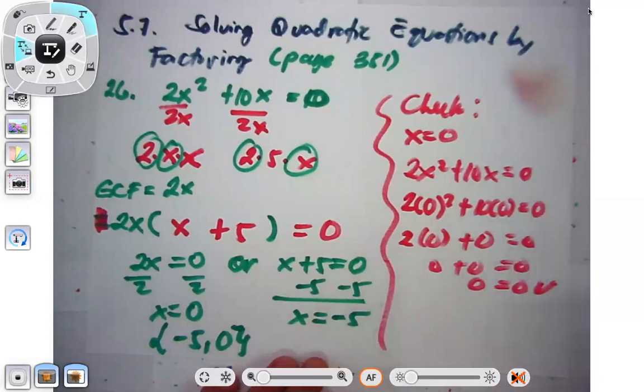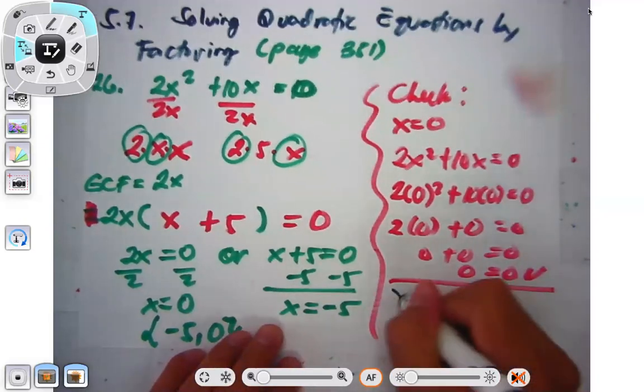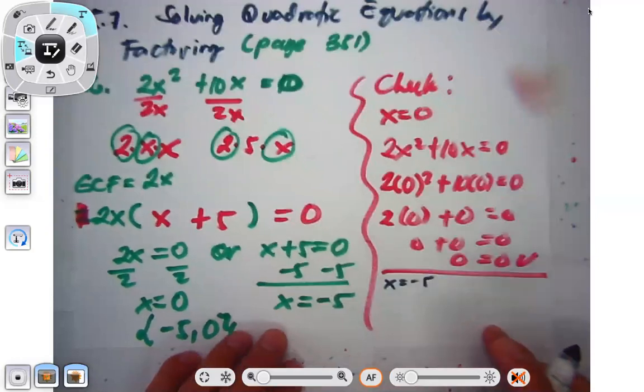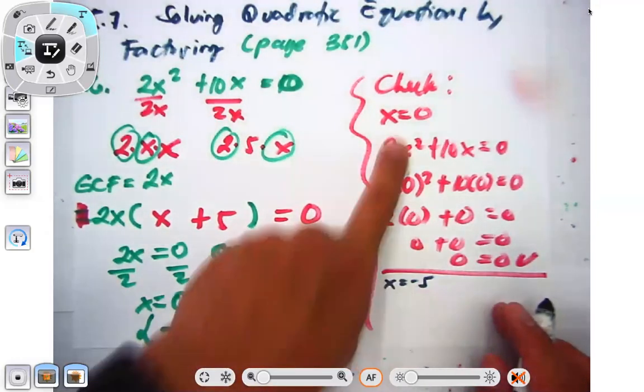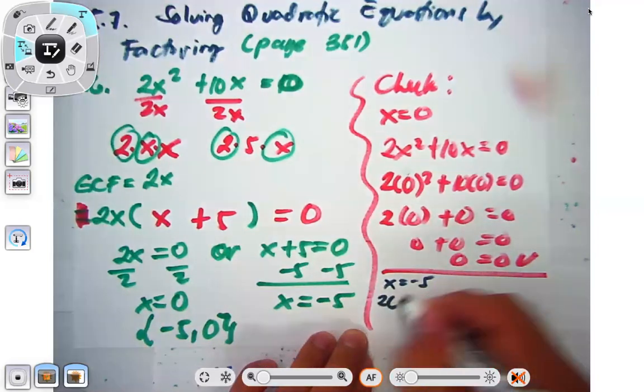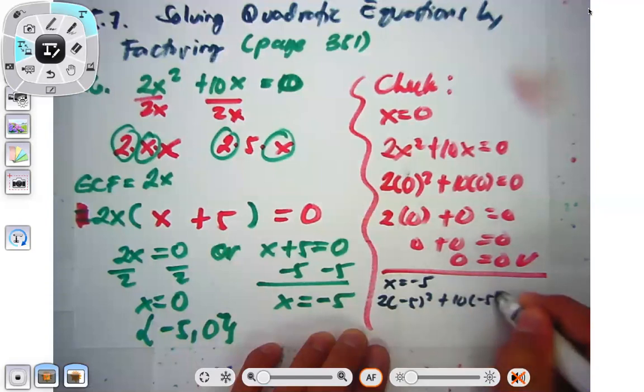What if we plug in -5? We also get a true statement. Let us check x equals -5. We plug in -5 to x. So we have here 2 times -5 squared plus 10 times -5.